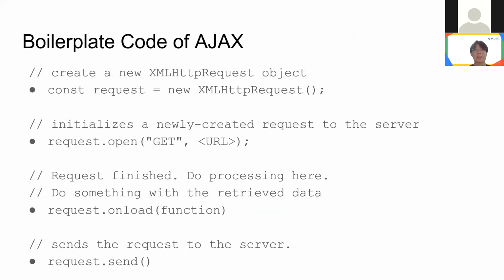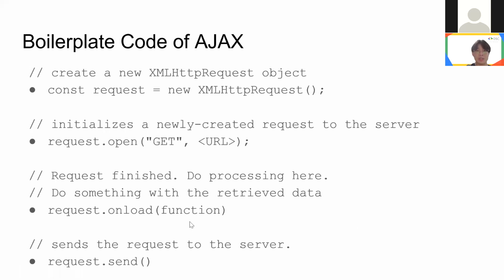So for AJAX, this is a boilerplate code that you can use when you want to call APIs. You need to first create a new object called XMLHttpRequest, which is provided by JavaScript browser DOM APIs. You can create this and then pass this to a variable called request. And then you can call the API by using the URL given to you by the developers that created it.